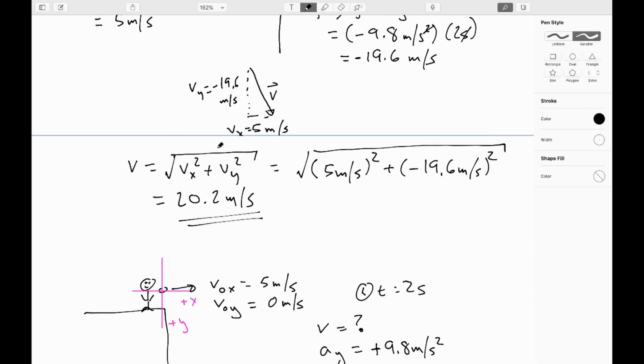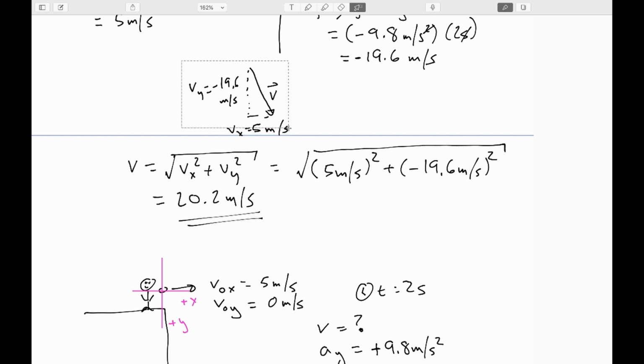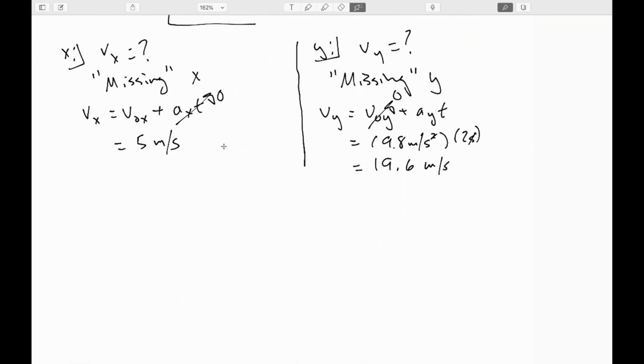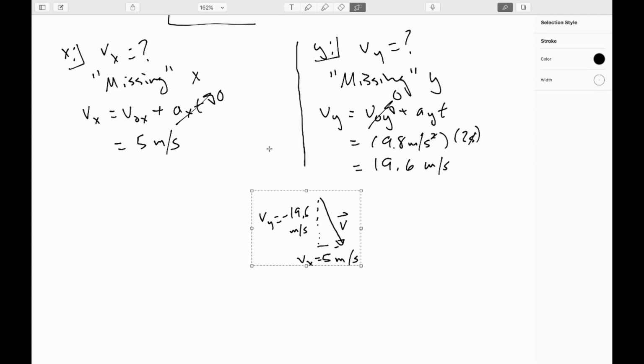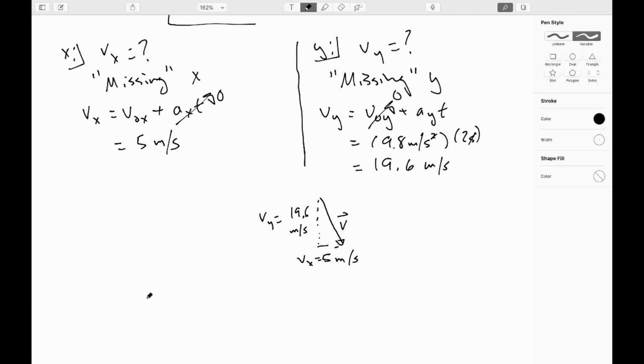So we would still realize that it was the same triangle we had. The only difference is that instead of Vy being negative, now it's positive. And so when we find the speed, we'd be doing the same thing as before.